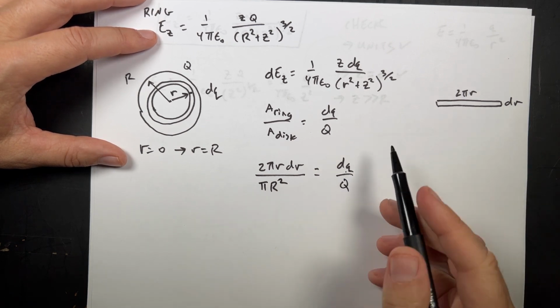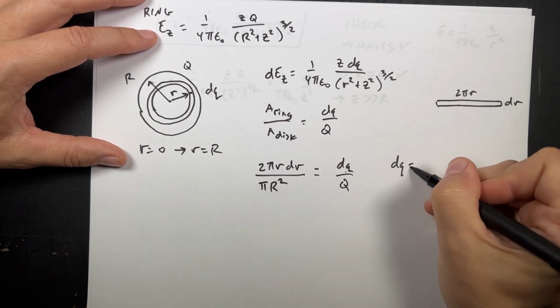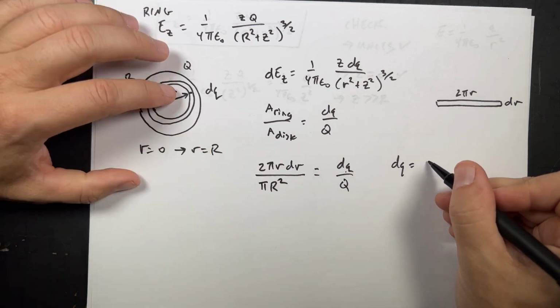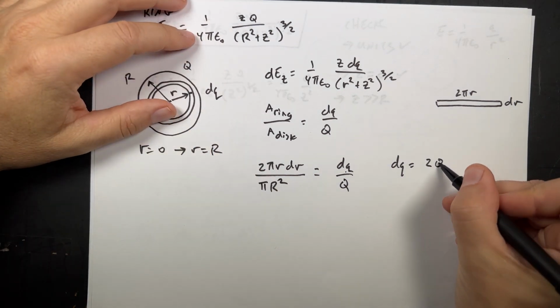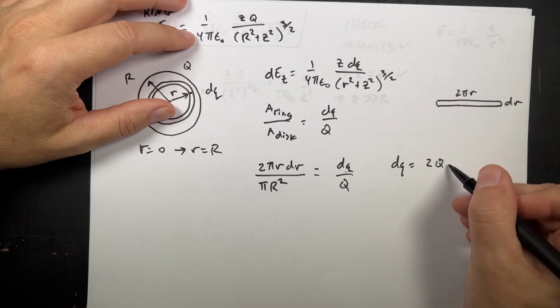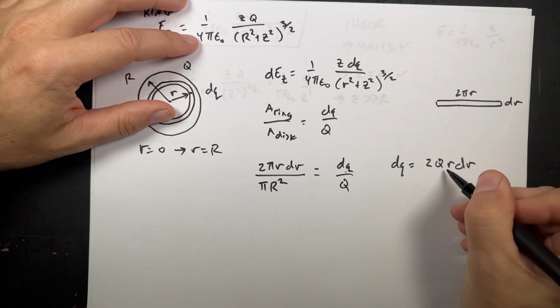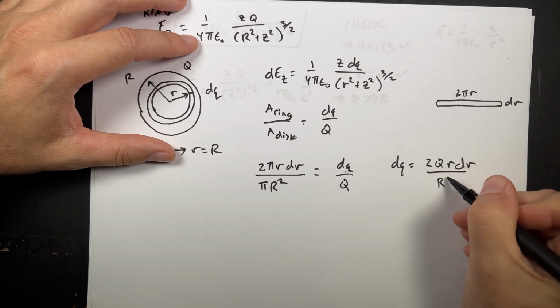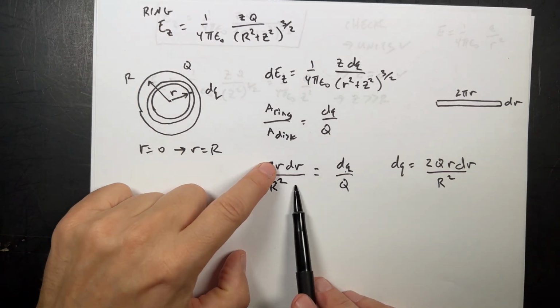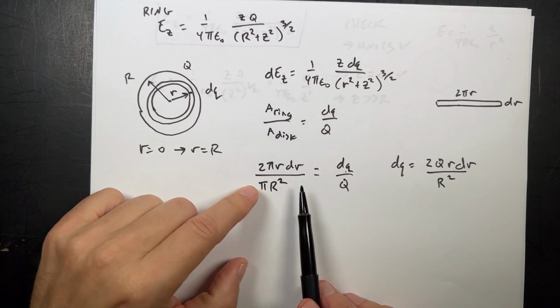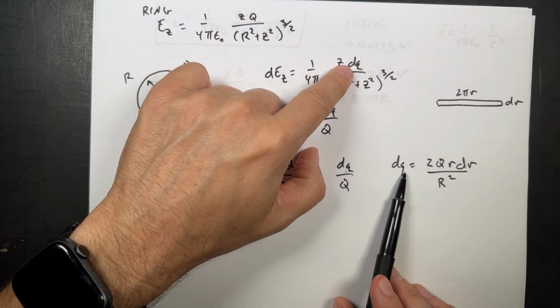So I can solve for dq. I get dq equals, the pi's cancel, 2Q r dr over R squared. Is that right? Q, the pi's cancel, 2. Right. Now I can put this in up here.